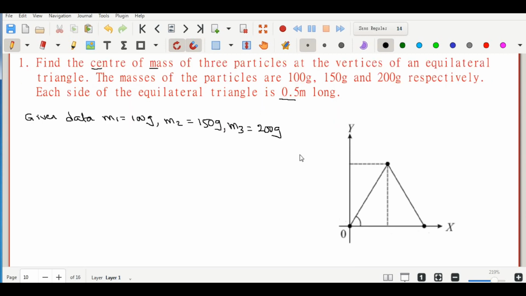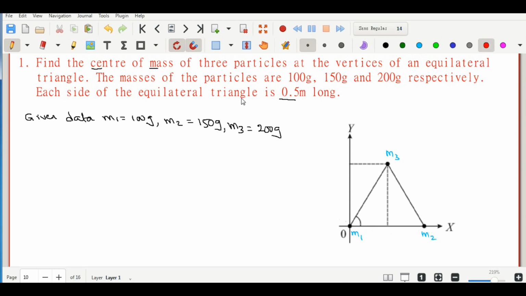Now here this is m1, this is m2, this is m3. So first we have to arrange at the base, then we have to arrange at the height. So m1, m2, m3 are 100, 150, and 200.